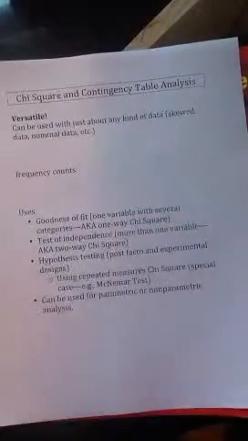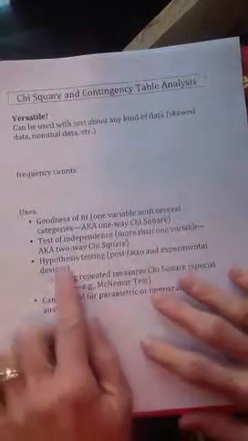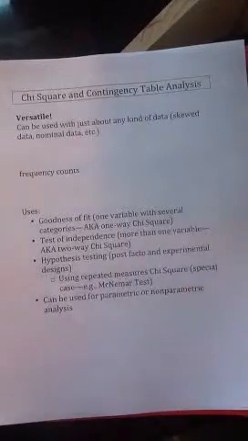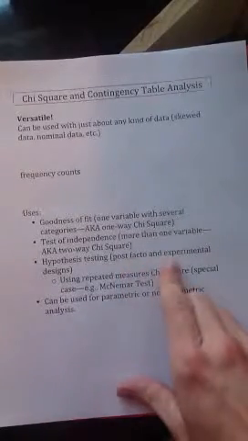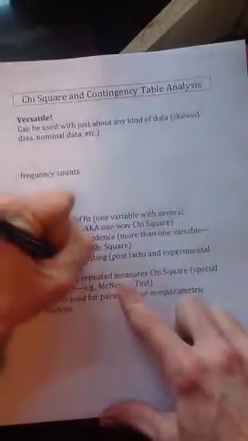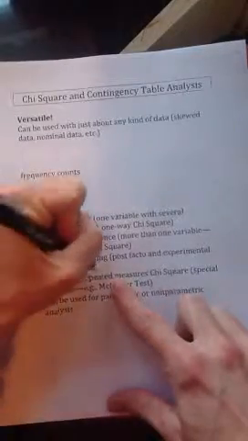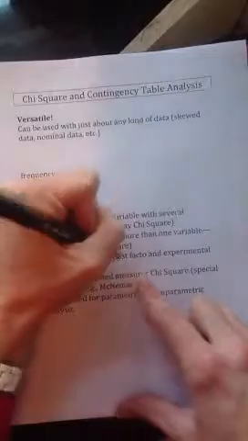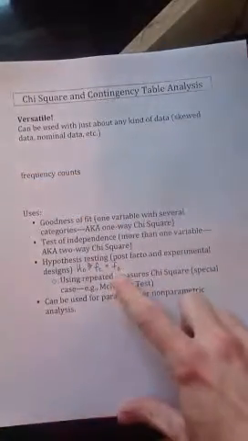Also, you can use chi-square for hypothesis testing, both for post facto and experimental designs, which is really nice. Now, the null hypothesis is simply that the expected frequency, or the expected counts, is equal to the observed counts, or the actual counts.